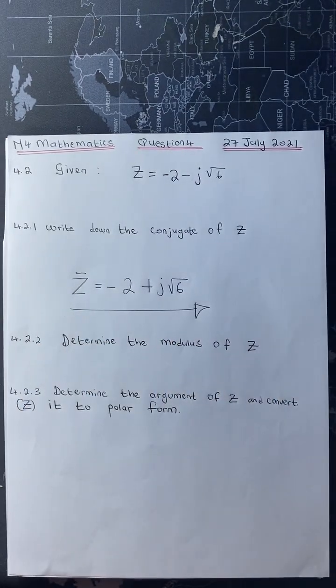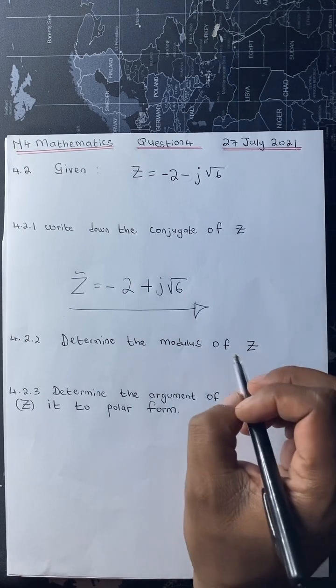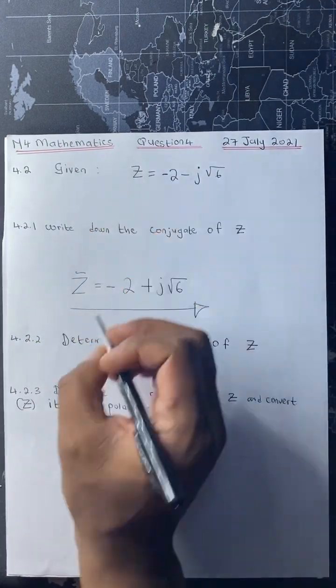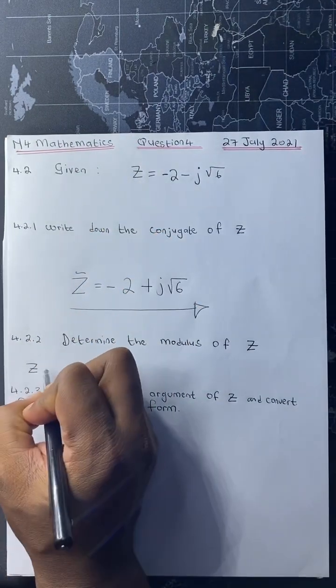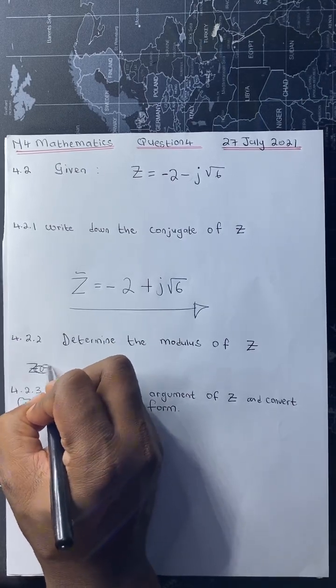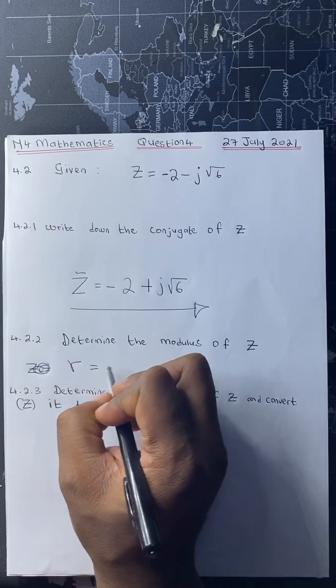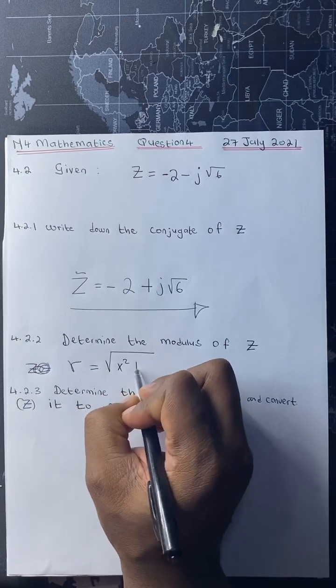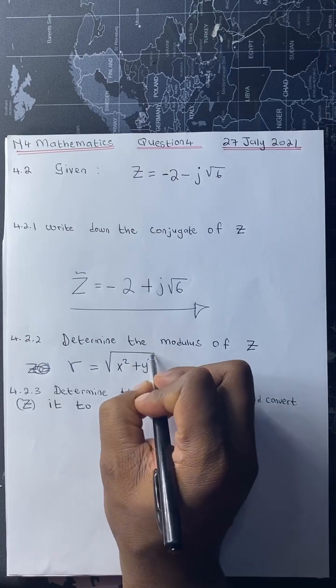So question 4.2.2, we have to determine the modulus of z and not of the conjugate, so our focus changes to that z. So the modulus of z will be equal to the square root of x squared plus y squared.